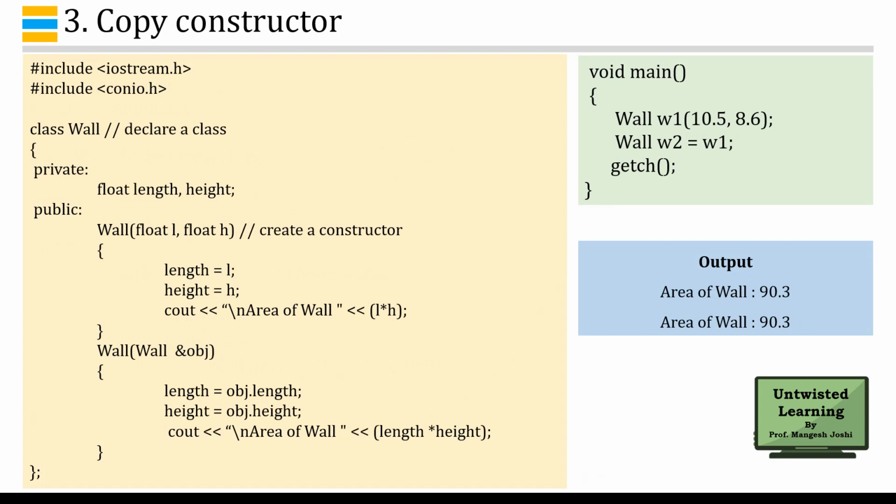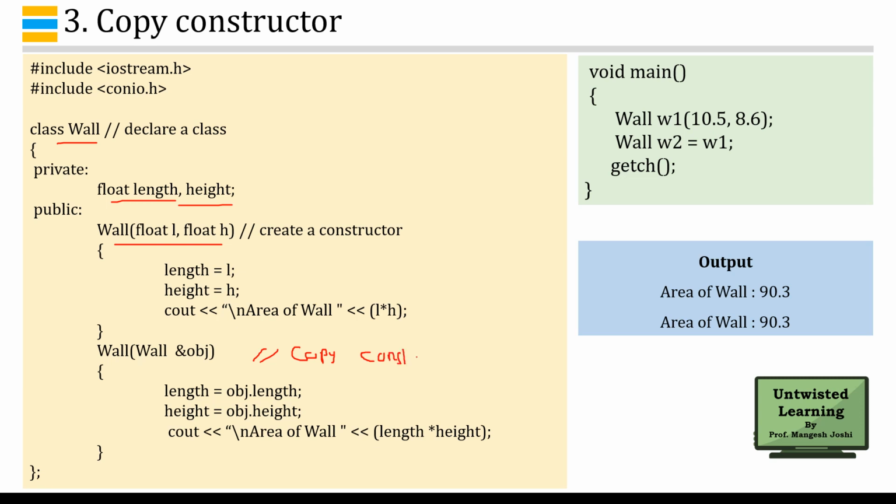The third type of constructor is the copy constructor. As the name indicates, it is used to copy something into something. We will take the same example again. Class wall, with float length and height, is created. Then the parameterized constructor is declared and defined. Now this is the body of the copy constructor.